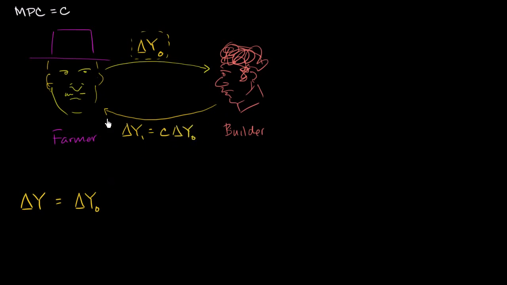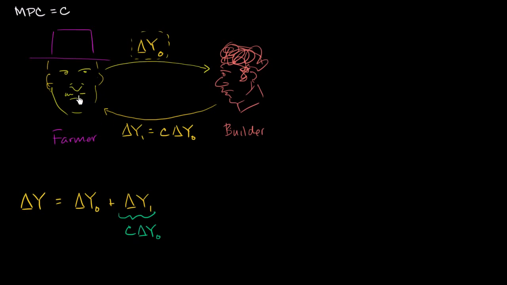And so now after doing the 0th iteration and the first iteration, our total change is going to be delta Y naught plus delta Y1. And delta Y1 is just the same thing as C times delta Y naught. It's kind of fancy notation, but it's saying something fairly basic, the exact same thing that we said in the last video.